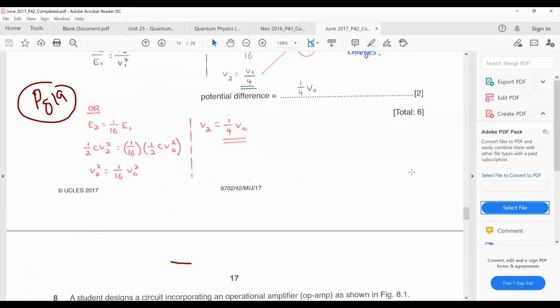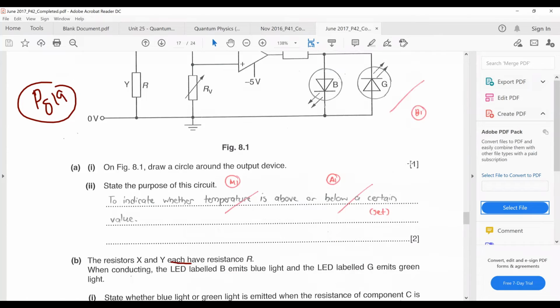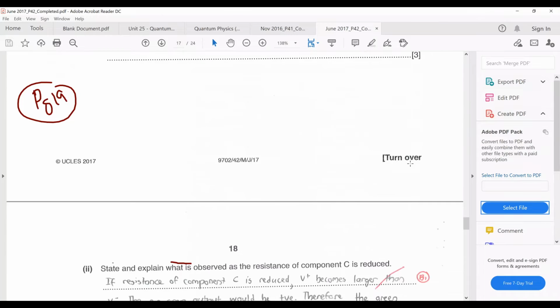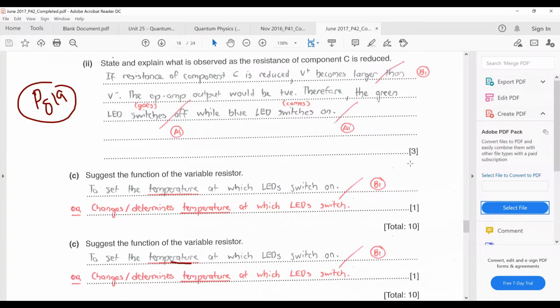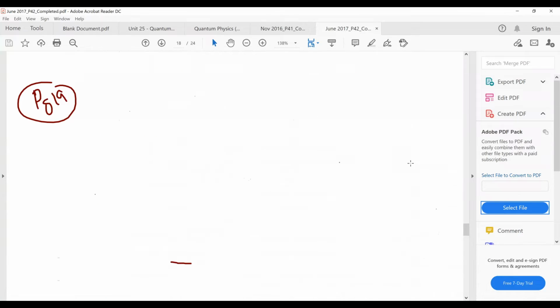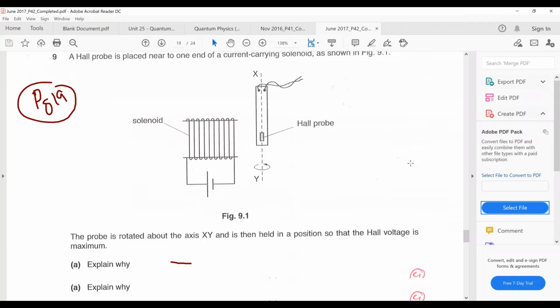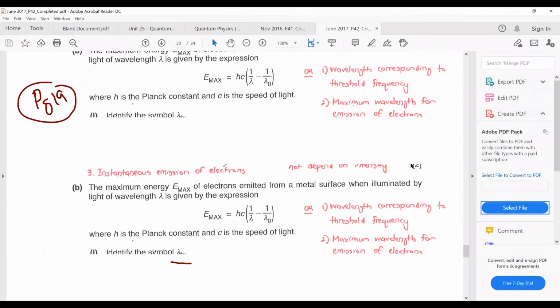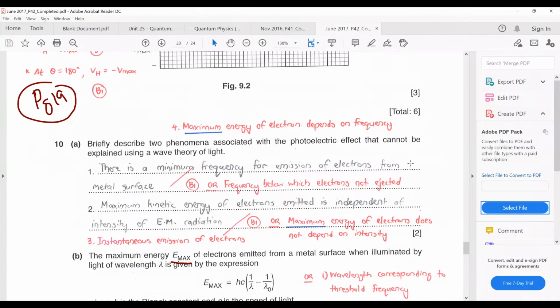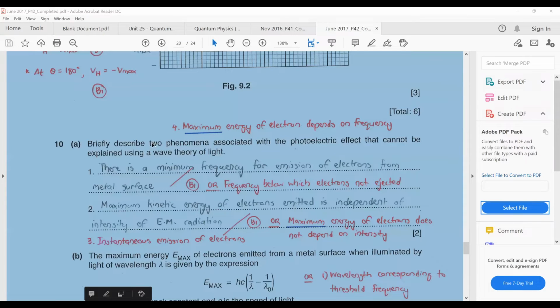Now, briefly describe two phenomena associated with the photoelectric effect that cannot be explained using the wave theory of light.